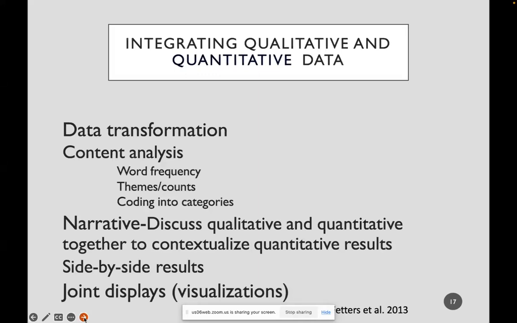And then my favorite way is really the joint displays, using this data to drive a visualization, maybe an infographic or even a detailed logic model that you can share with the community so that they can see how the data fits together, the qualitative and the quantitative. And if you're interested in these kinds of ways of integration, I highly recommend the article that I cited here from 2013.